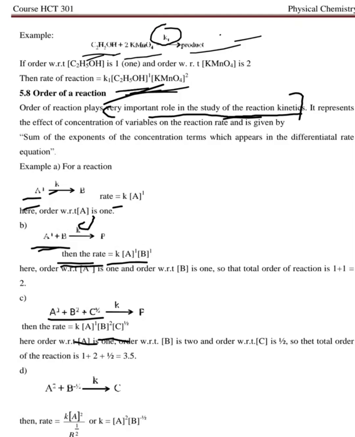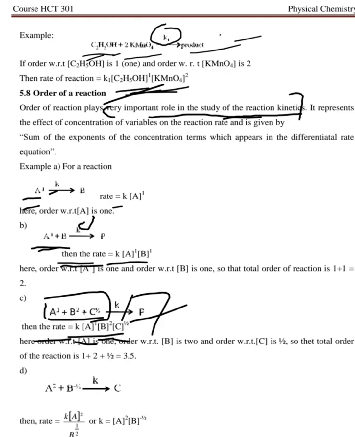Why are we taking this here? This is for when you are taking three molecules giving the product. To identify the rate of reaction, we calculate K into A1, B to the power of B2, and C to the power of half. This is known as the rate of reaction for three different molecules.